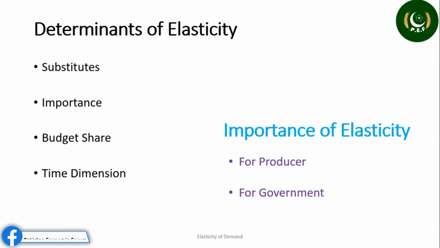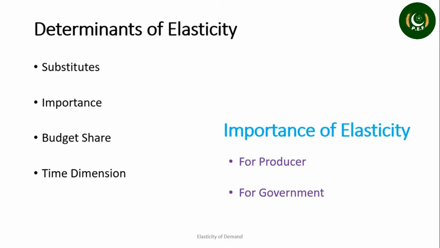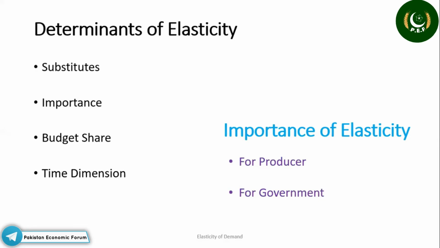A producer, when deciding to change the price of its commodity, when offering sale discounts, or when increasing the price, also looks at how the consumers will behave, and it tries to quantify the reaction of consumers so that it can trace what will happen with the profit of this commodity.